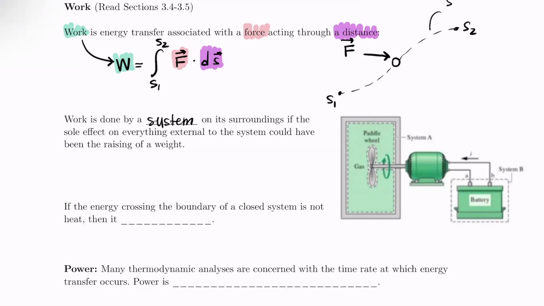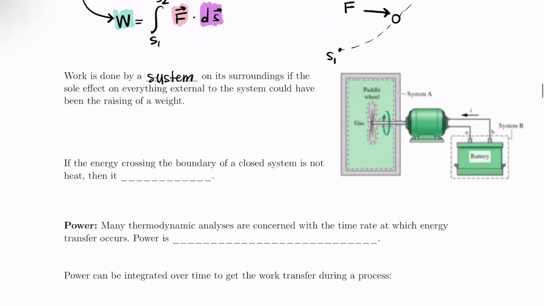Okay. If the energy crossing the boundary of a closed system is not heat, then it must be work. So if you remember when we were talking about summing up the differences in and out of energy coming in and out of our system, we know that that change in energy has to be sorted into work or heat. So if it's not work, it's got to be heat. If it's not heat, it's got to be work. Those are your two choices. Okay.